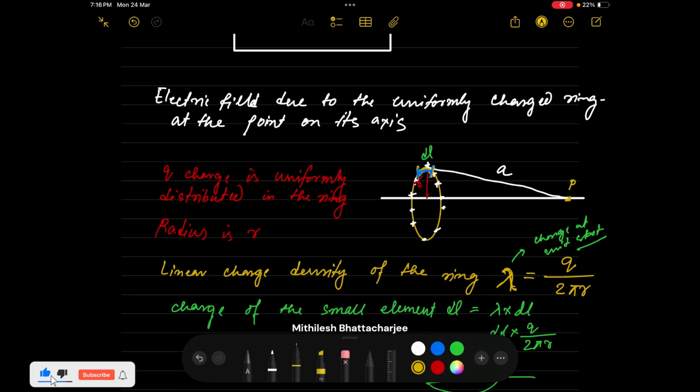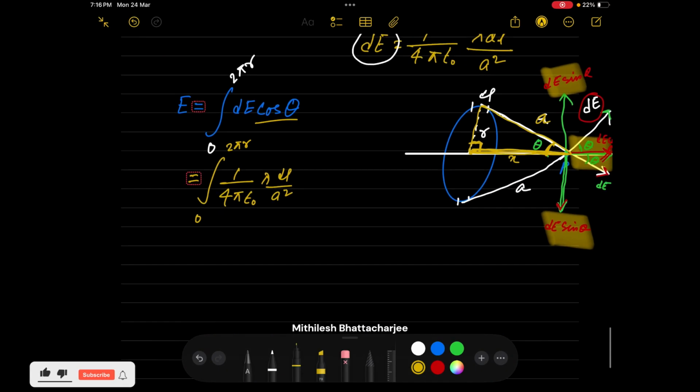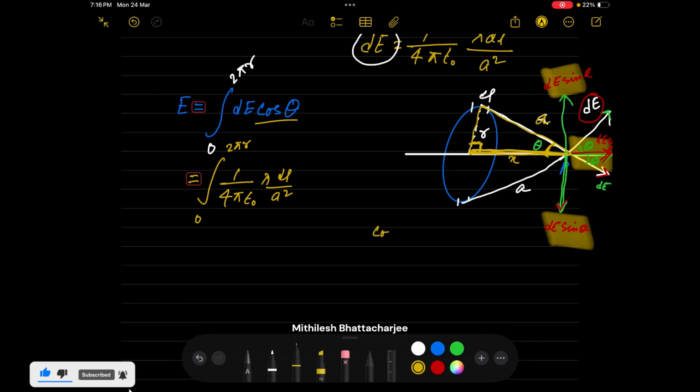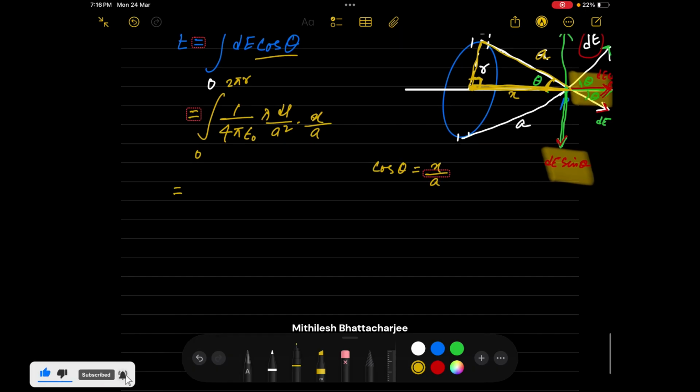So cos theta will be x by a, base by hypotenuse. So the expression becomes 1 by 4 pi epsilon naught lambda x by a cube, times dl.